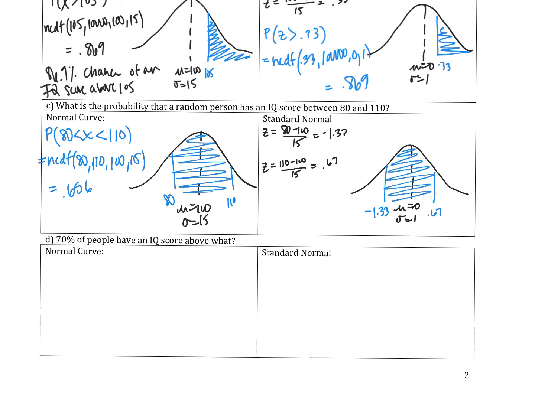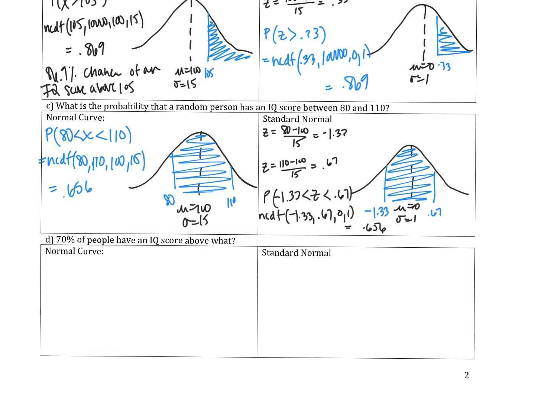And I've got to find the area between those. So over here, I'm looking at the probability of a z-score, oops, not x, z, that is greater than negative 1.33 but less than 0.67. So normal CDF, negative 1.33, upper bound 0.67, mean 0, standard deviation 1. And you'll see I get out 0.656. It's the same every single time.